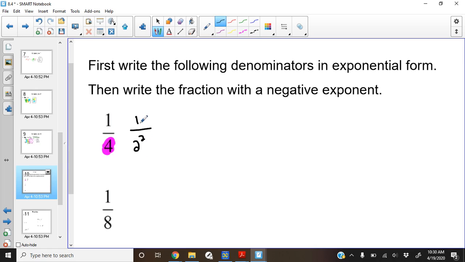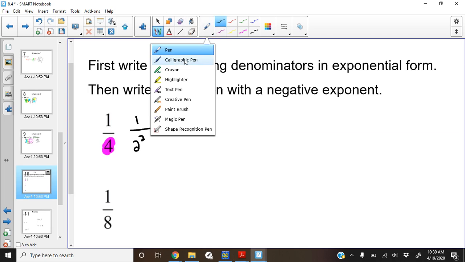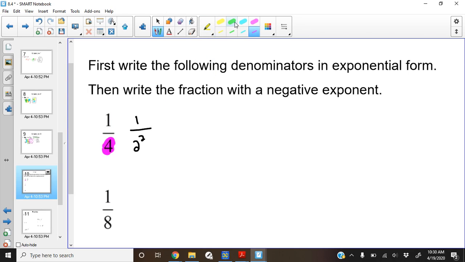So we could write this as 1 over 2 squared, or just like before, if we were to take anything and move it to the alternative, if it's in the denominator, we move it to the numerator, it'll change exponential signs. So since now it's positive, if I bring it up, it's going to become 2 to the negative 2 exponent.